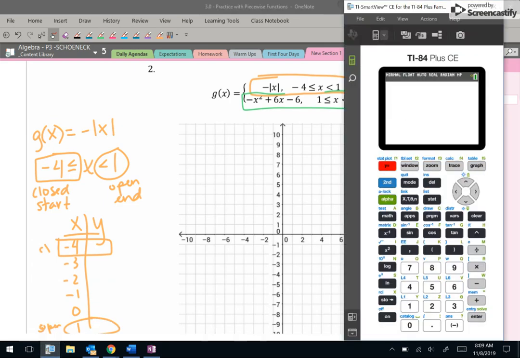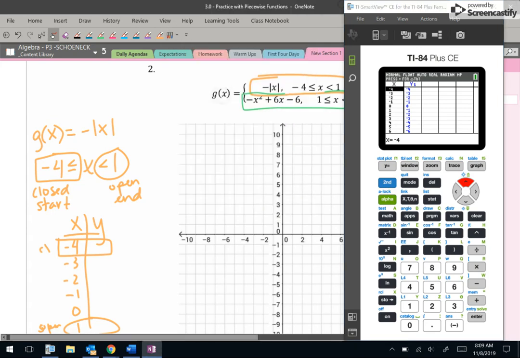We're going to type it into our calculator. Negative, and remember alpha window to get the absolute value of x. Now I'm going to go to the table. Remember, we're starting at negative 4.